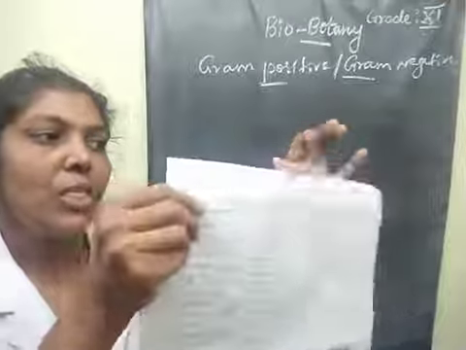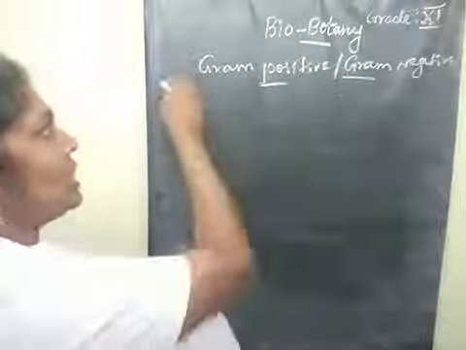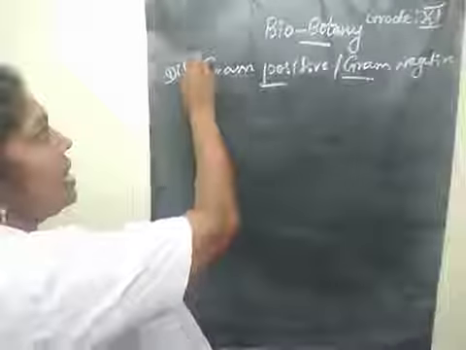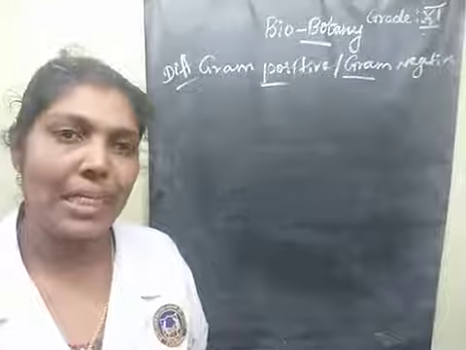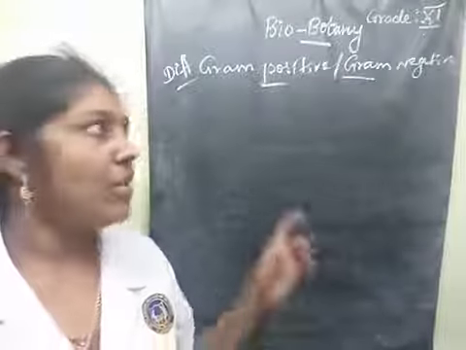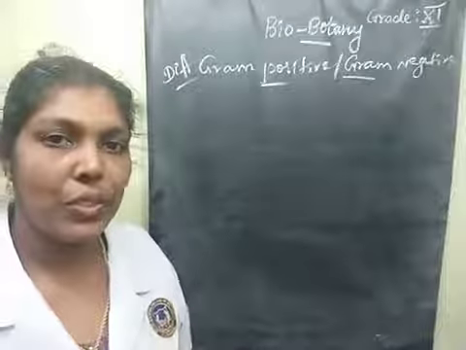Understood, children? So this is the tabular column of the difference between gram positive and gram negative bacterial cells. This is very important, one of the 5-mark questions, children. So all should cover this question.